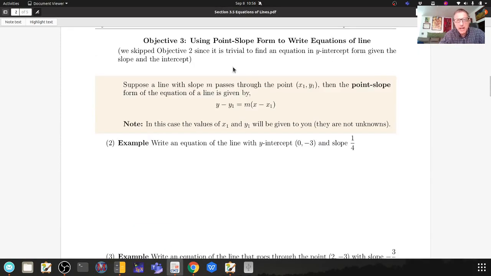So now we're going to have yet another way to write an equation of a line.